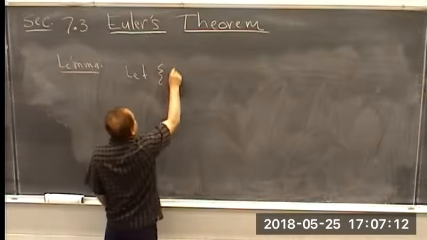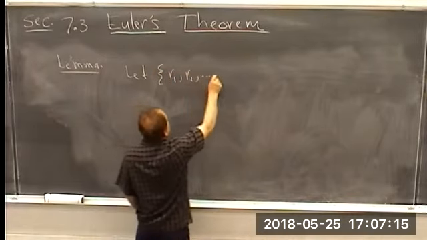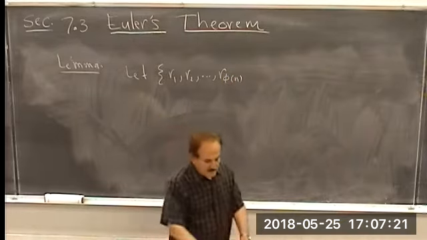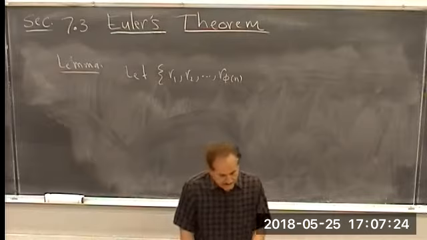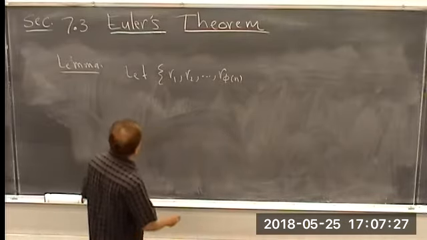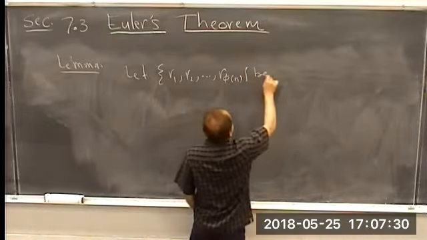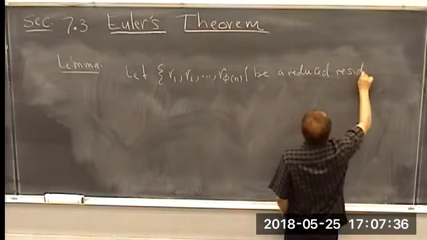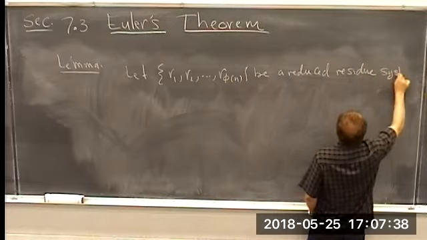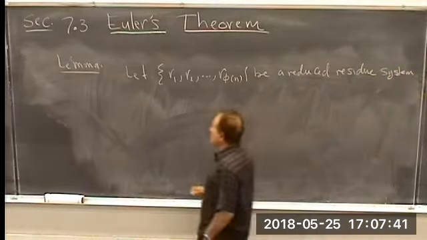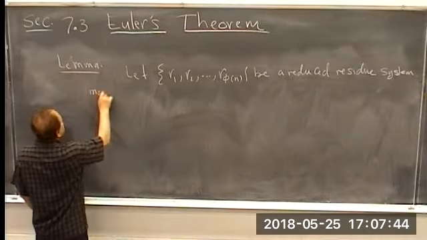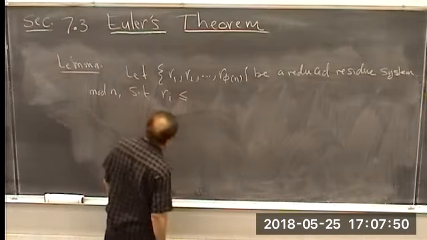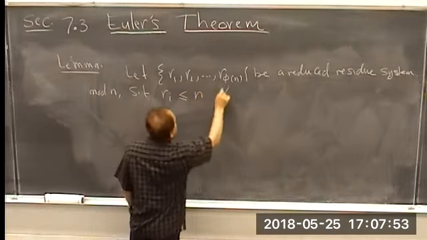In that, let R1, R2, up to R phi of n be a reduced residue system mod n such that Ri is smaller than or equal to n for every i.